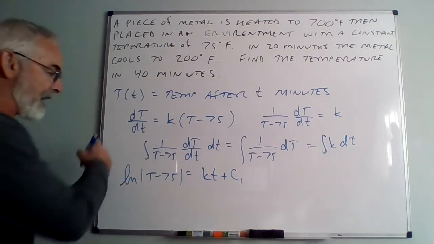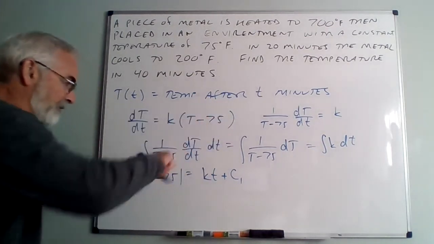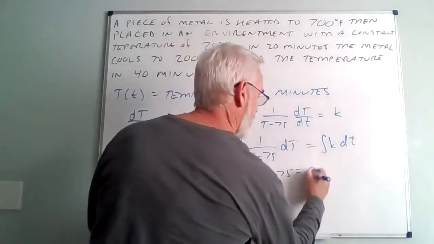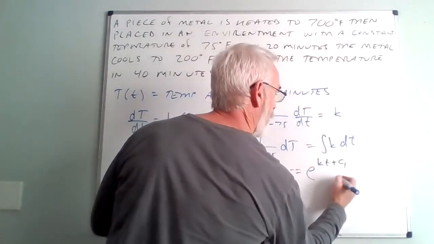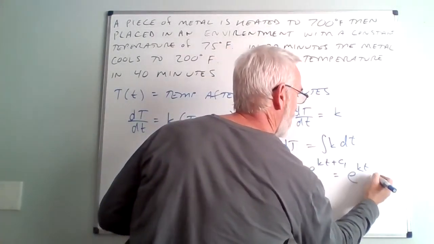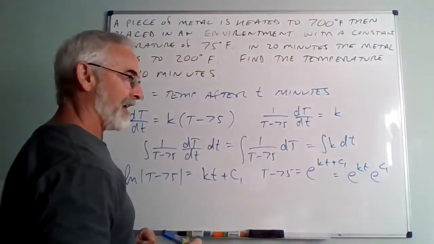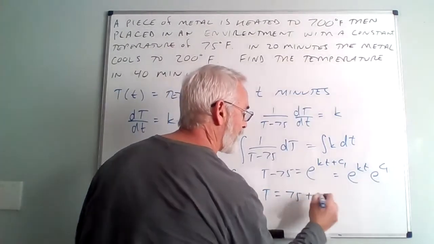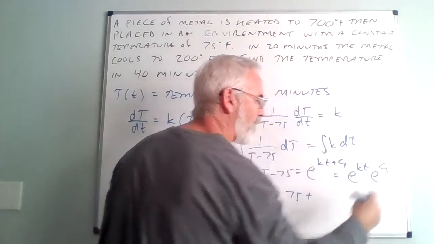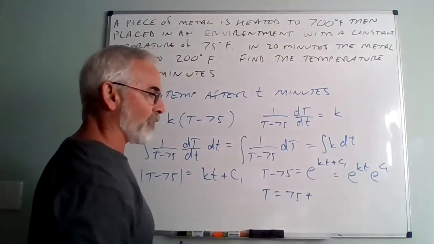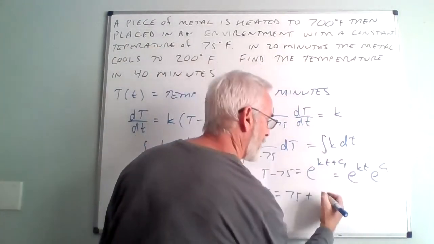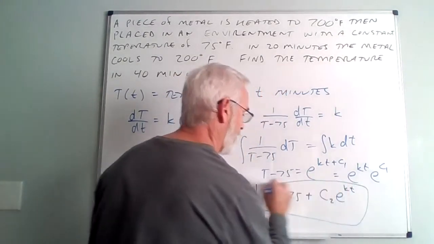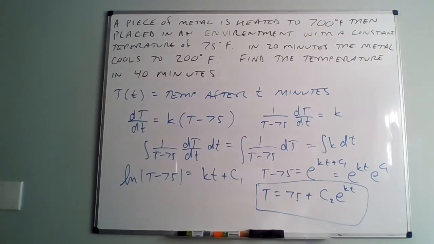When we exponentiate both sides, we have T minus 75 equals e to the kt plus C1, which is e to the kt times e to the C1. That ultimately gives us T equals 75 plus C2 e to the kt, where we call e to the C1 C2, since C1 can be any real number and e to the C1 is some other arbitrary constant. This is the general form of the solution.